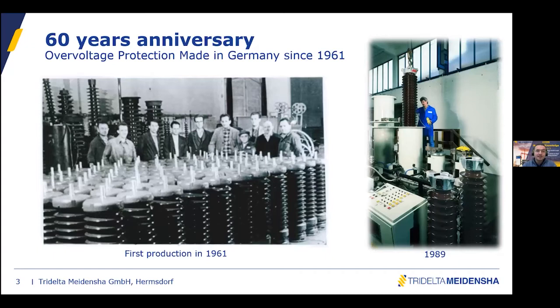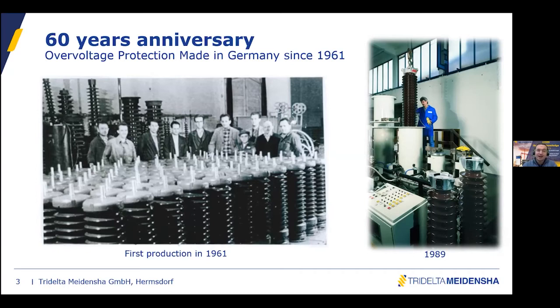Before we start, I would like to inform you about a nice event last month. In October, we celebrated the 60-year anniversary of the first production of surge arresters in 1961. The picture you see here on the left is the same building where we produce surge arresters today.